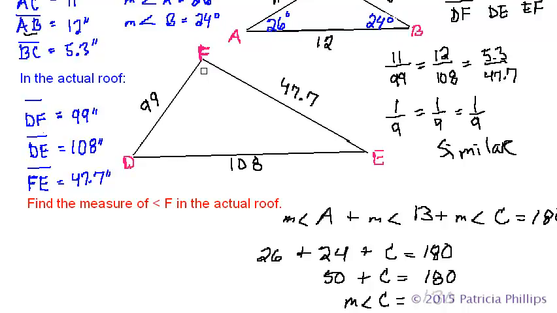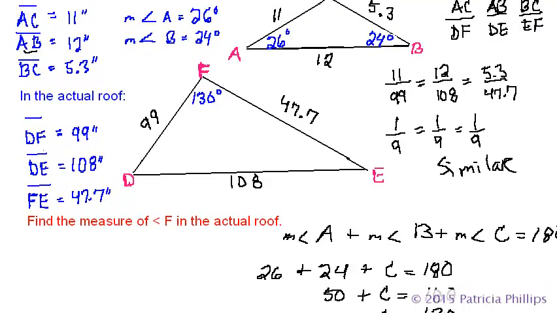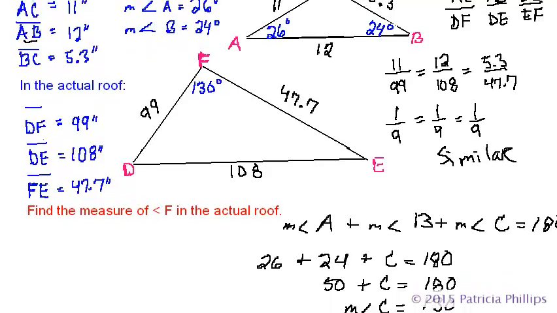So I'm going to erase our little question mark, and I'm going to go ahead and label that. And there you have it. So all we did here, we labeled, if you don't have the triangles drawn, you can draw two triangles, and it doesn't matter how they look because you're going to have to do the math in order to prove that they're similar.